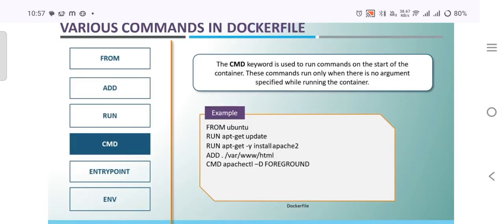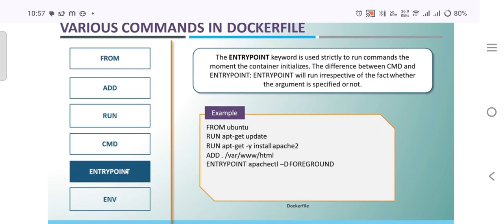So whenever you want the commands that you place in the container start step to be replaceable or overridable, we will use the CMD option. Here, if you see, we have given the command apachectl -D FOREGROUND. We are starting apachectl to start the Apache services. That's what we are running in CMD.